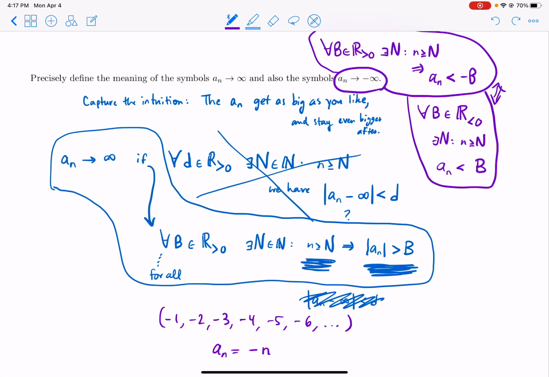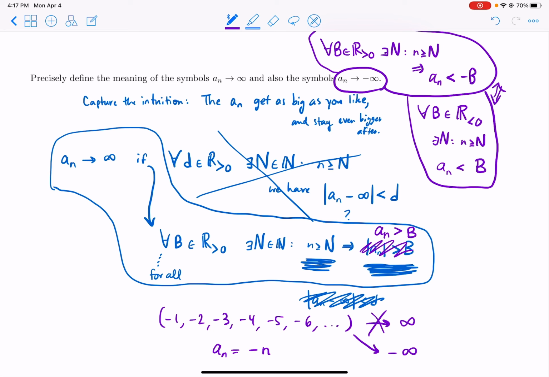I could find a cutoff for this particular sequence, and we don't want to say that this goes to infinity. We'd like it to go to negative infinity, if anything, and so this is a bad definition. So how can I fix this? a sub n greater than b.